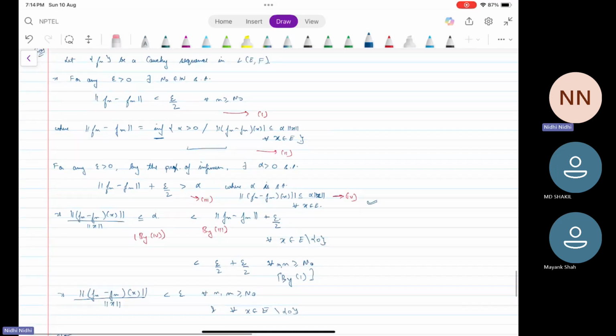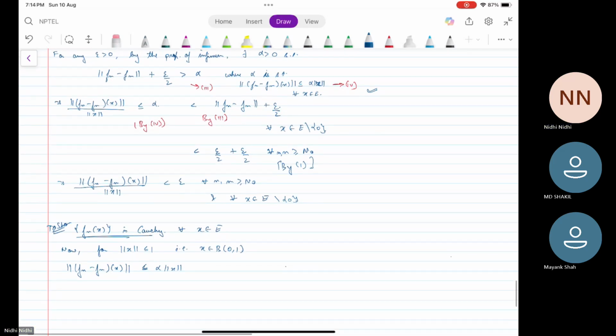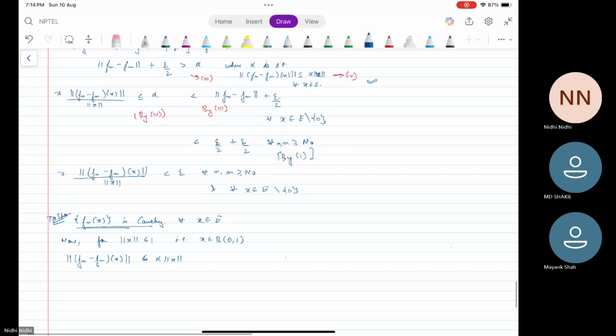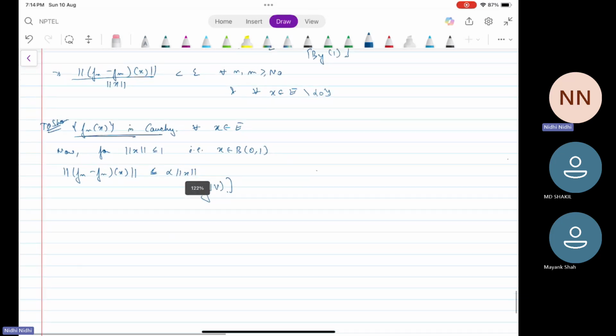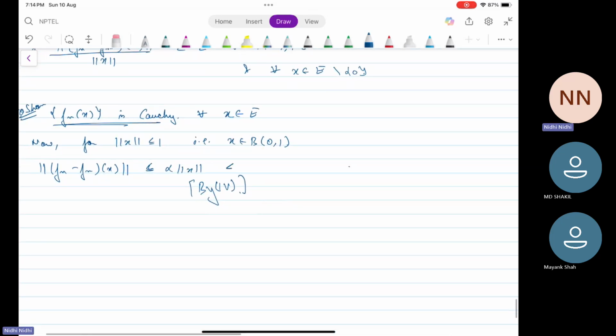This is coming from equation 4. And since norm x is strictly less than 1, this is strictly less than alpha, which is strictly less than norm Fn minus Fm plus epsilon by 2.